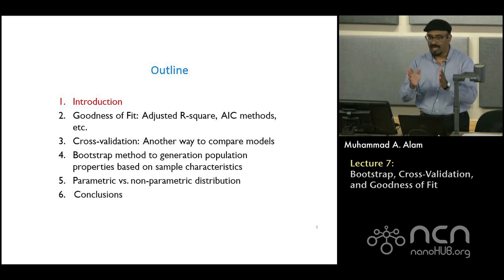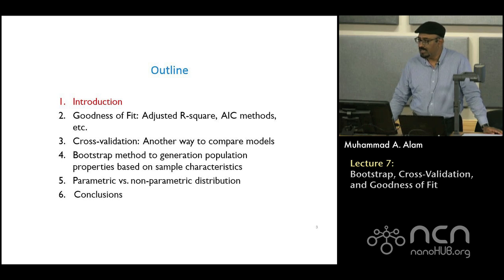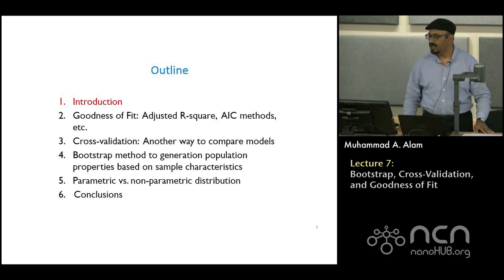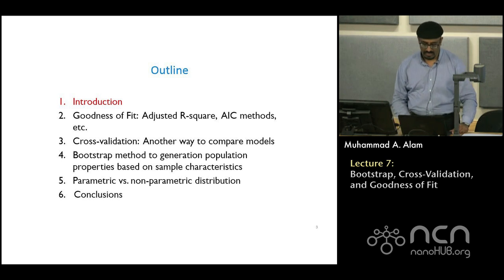So let's say after all things being done, you are left with 2 hypotheses that have passed all the tests. Now the question is, of the 2, which one should you take, or which one should you start your experiments with? That's the goal of today's lecture.